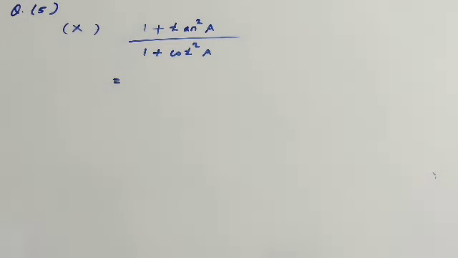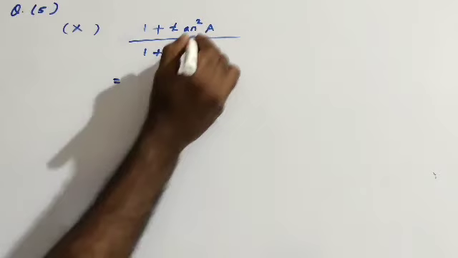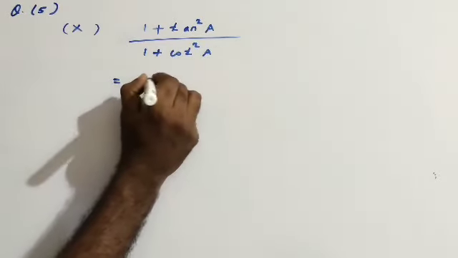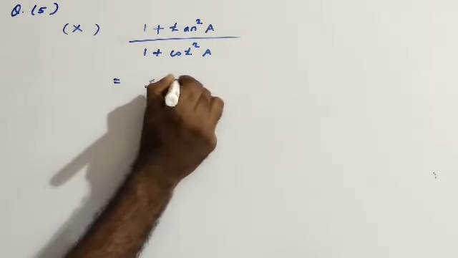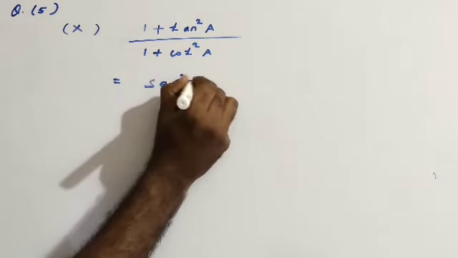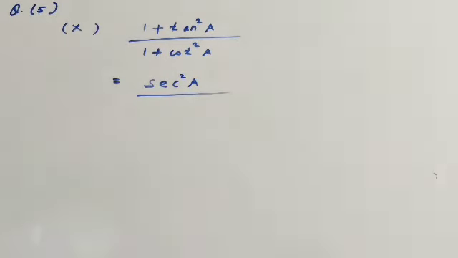I am going to take 1 plus tan square A by 1 plus cot square A. We know the identity 1 plus tan square theta, that is secant square theta. So now put secant square A for 1 plus tan square A. Like that 1 plus cot square theta, that is cosecant square theta.